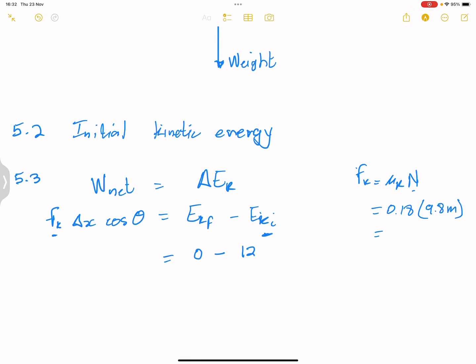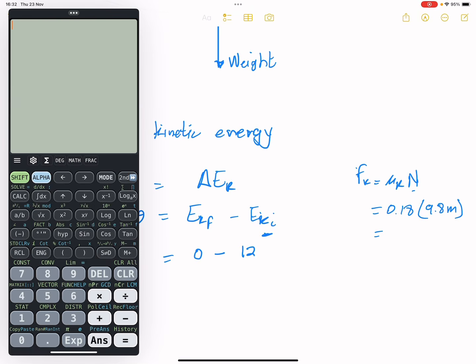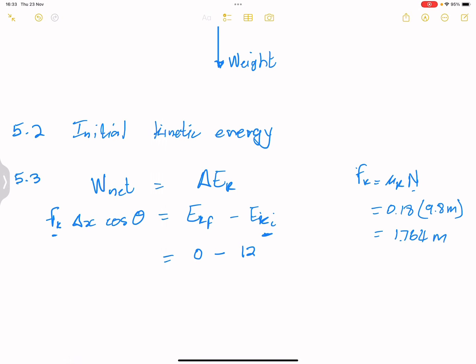Okay, so let's find that out. 0.18 times 9.8 gives us 1.764 m. Now let's use that frictional force there, 1.764 m, multiplied by the distance.